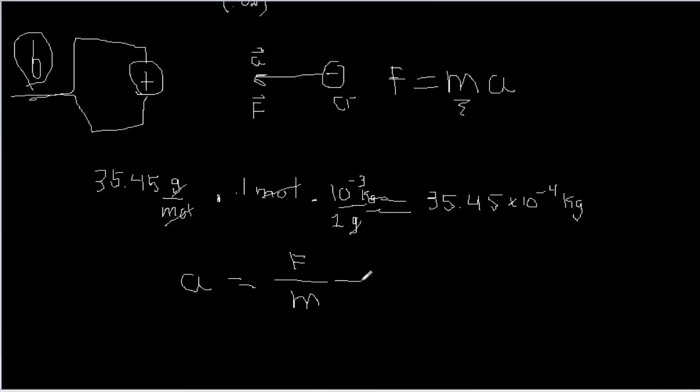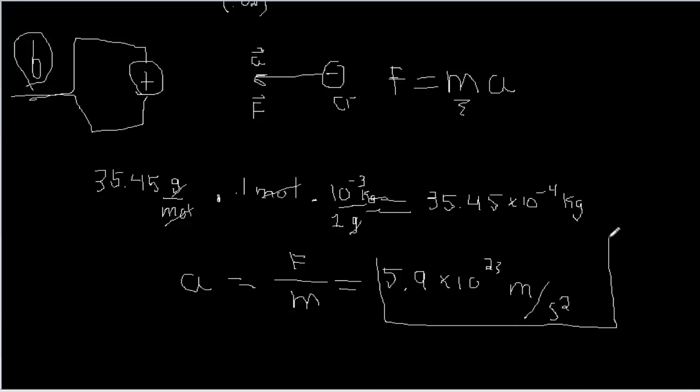And if you do the math on a calculator, you'll see that we'll come up with 5.9 times 10 to the 23rd meters per second squared, which is extremely fast.